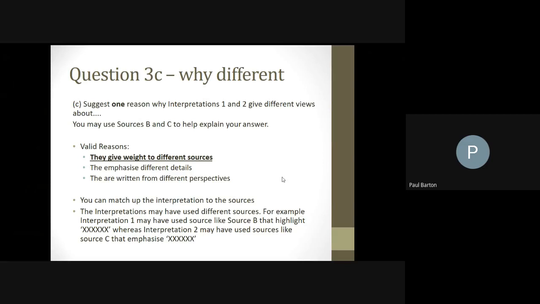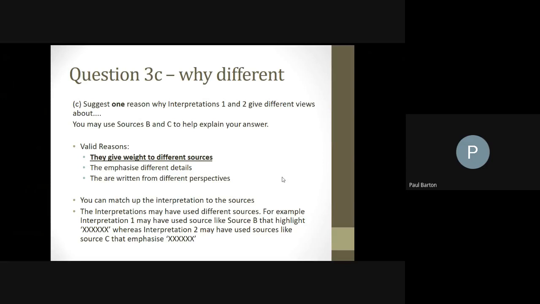Of course, you would have already identified what the views are in interpretations 1 and 2 in question 3B. So it's really just finding the source which matches that view and explaining that. Now, the example you had in your formative assessment book using the 2019 paper, which is all about women in Nazi Germany: interpretation 1 suggested the Nazis didn't really have very much success in their policies towards women.